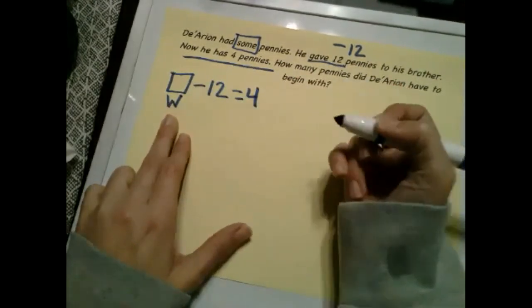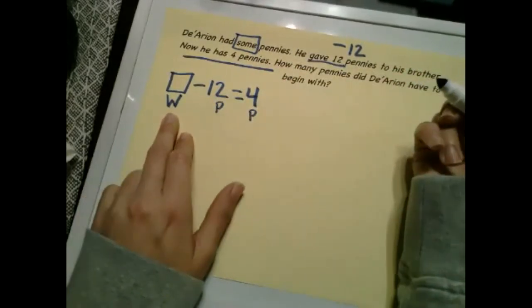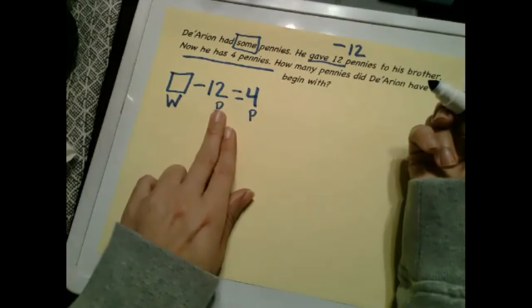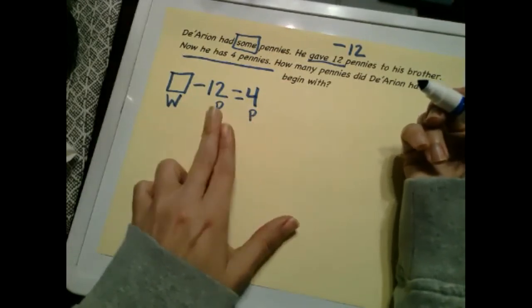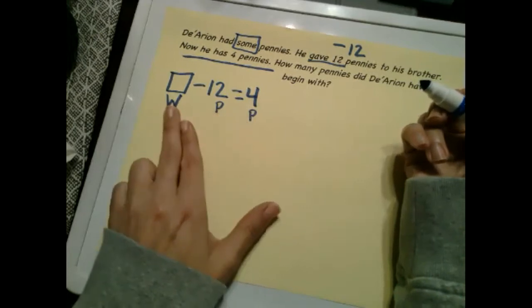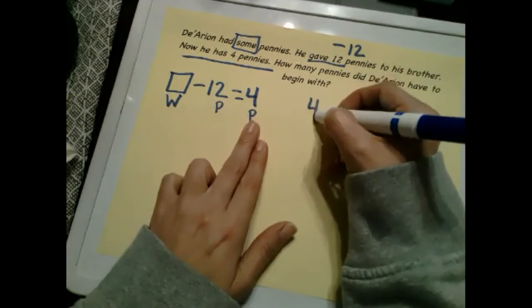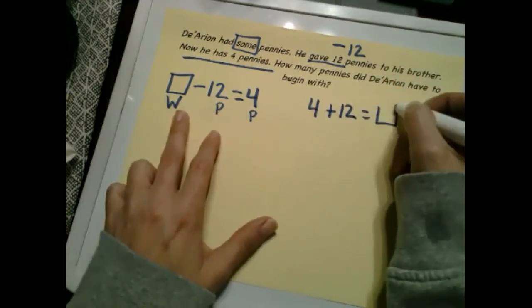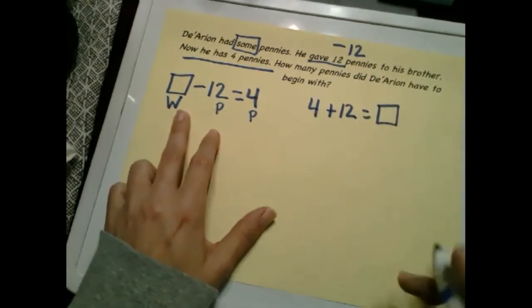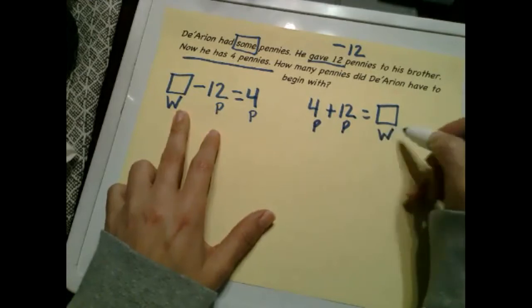What the problem did give us was our 2 parts. If our whole minus a part equals the other part, then our part plus a part will give him a whole. So I'm going to think backwards. 4 plus 12 equals our whole, because our part and our other part can go together to equal our whole.